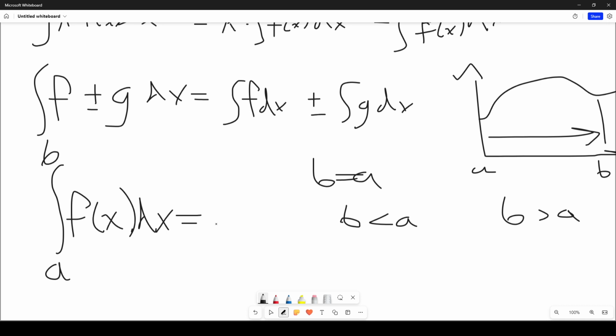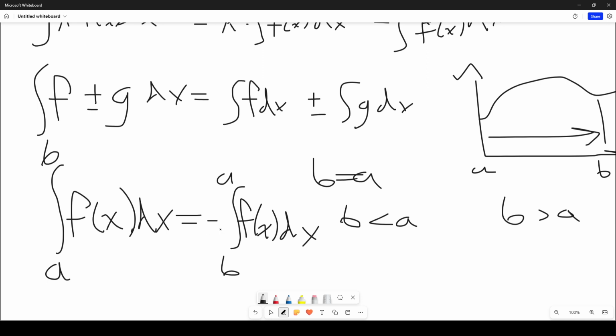So what this means is that you can actually write it as negative the integral from b to a of f of x dx. So basically you can flip the bounds and negate the integral.